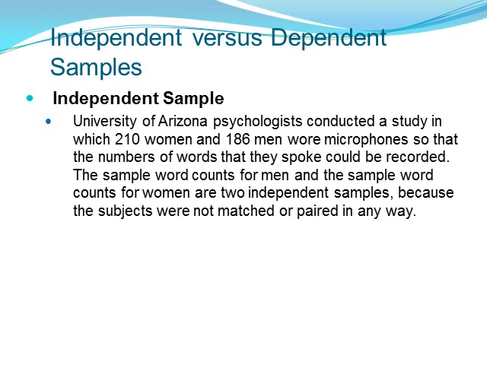Here's an independent sample. University of Arizona psychologists conducted a study in which 210 women and 186 men wore microphones so that the numbers of words that they spoke could be recorded. The sample word counts for men and the sample word counts for women are two independent samples because the subjects were not matched or paired in any way.